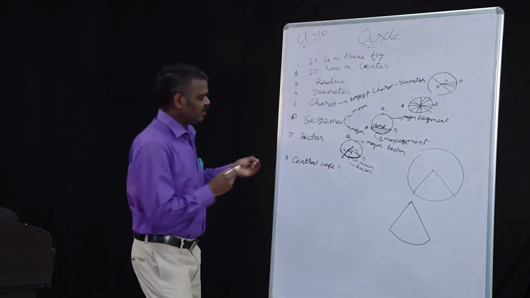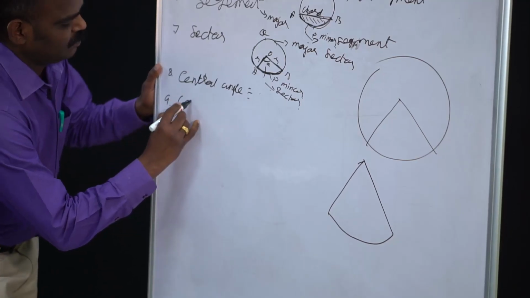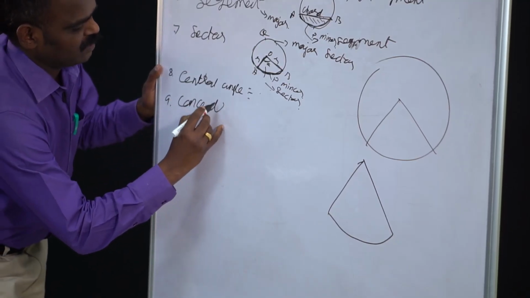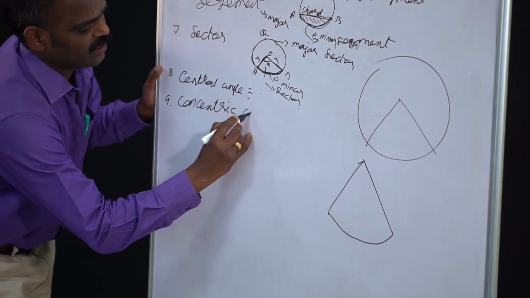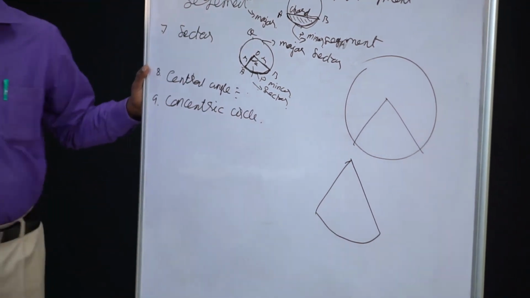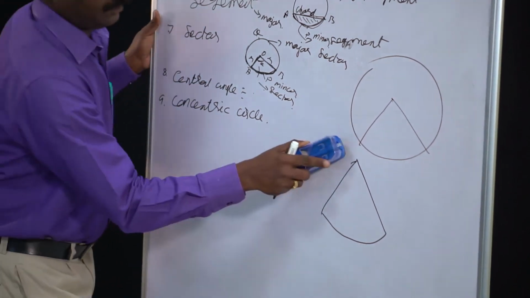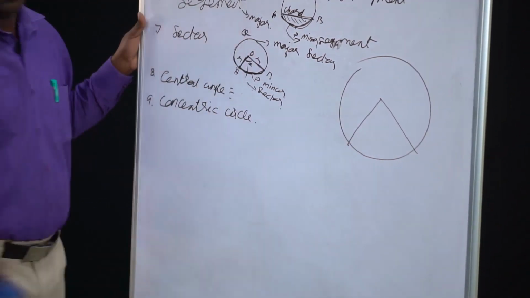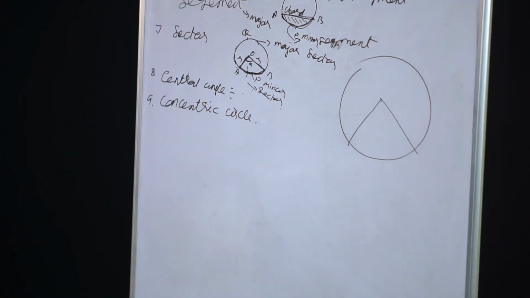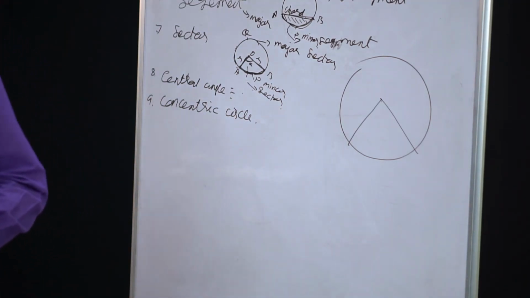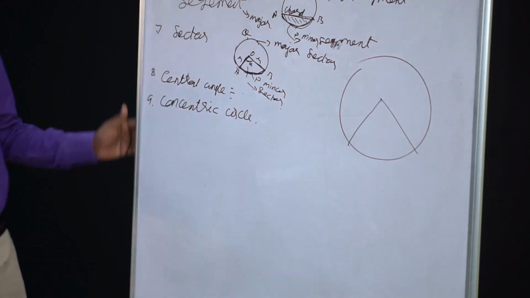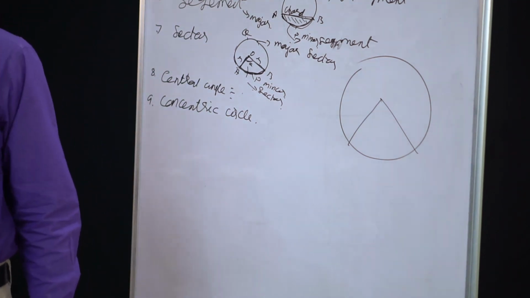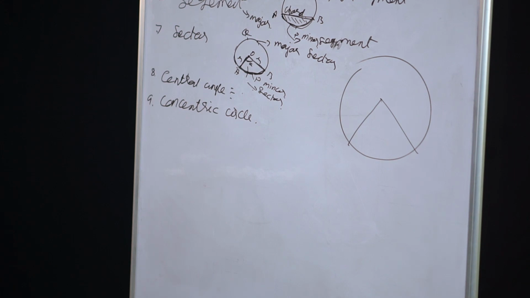Now another point is concentric circle. Meaning of concentric circles: more than one circle having the same center.